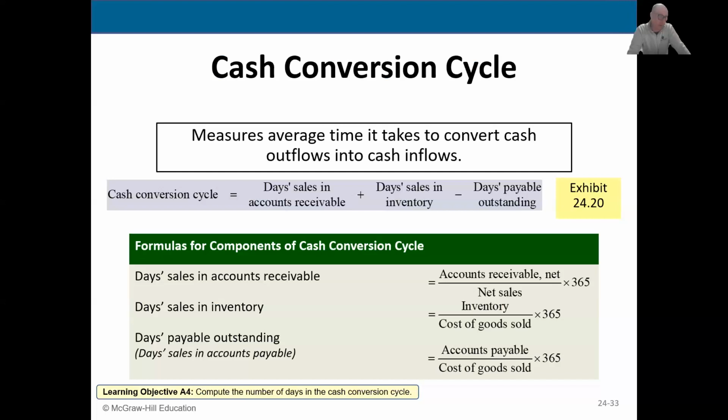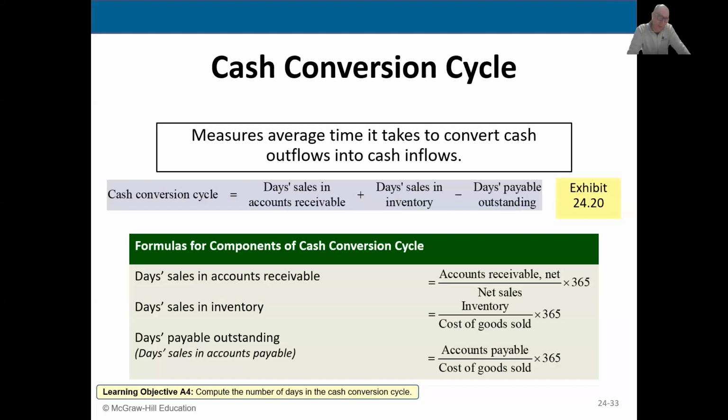Days sales in accounts receivable, we take accounts receivable divided by the sales times 365 days. Days sales in inventory, we take inventory divided by cost of goods sold times 365 days. The days in accounts payable outstanding, we take accounts payable divided by cost of goods sold times 365 days.